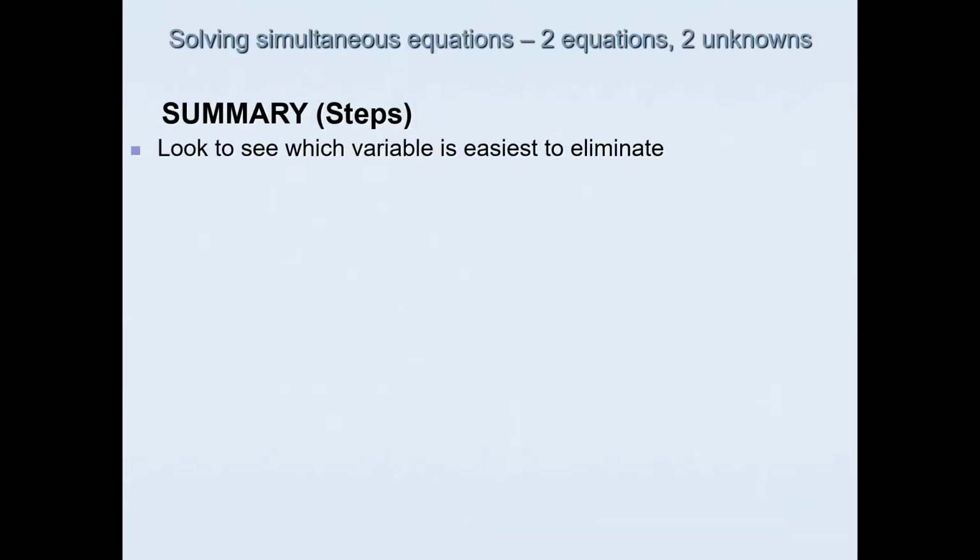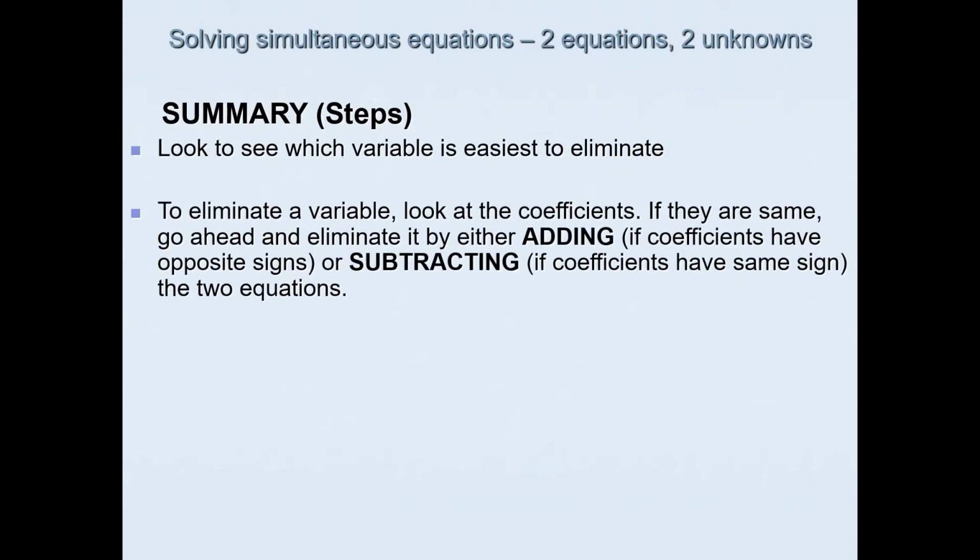So in summary, if you're solving simultaneous equations with two equations and two unknowns, what you will need to do first is decide which variable is easiest for you to eliminate, and then to eliminate a variable you will need to look at the coefficients. If they are the same, then you can go ahead and eliminate it either by adding. So you will add the two equations if the coefficients have opposite signs.